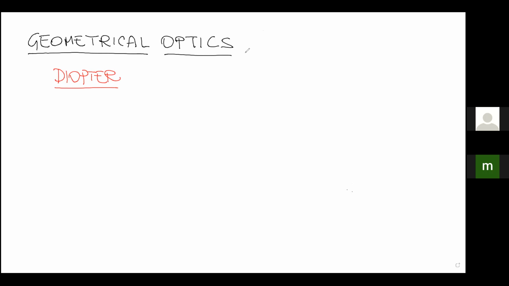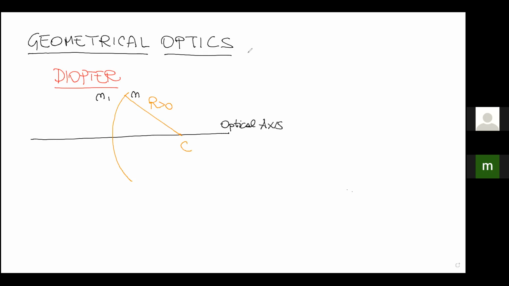So you remember that if this is what we call the optical axis, then you can have a surface that is spherical with a certain radius of curvature. And this surface may separate two regions with a different refractive index.